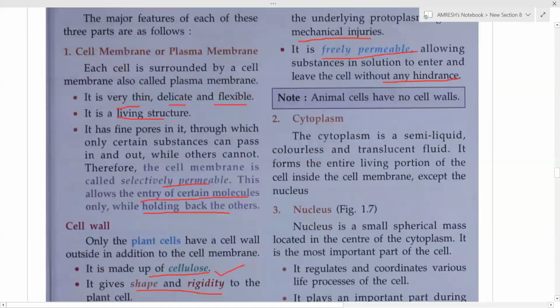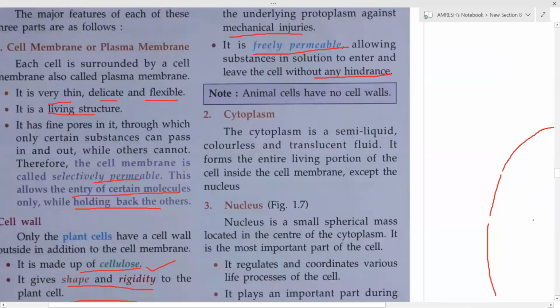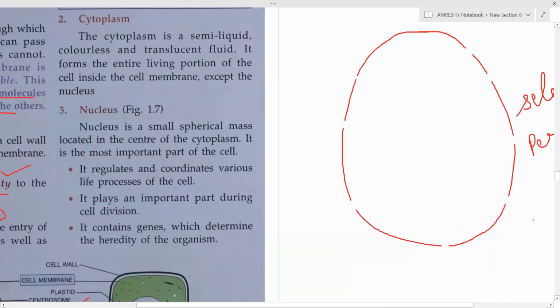Cytoplasm. Now we have learned that the cell has three parts: the plasma membrane and the others. Next is the cytoplasm. The liquid, semi-liquid substance spread in the cell is your cytoplasm.